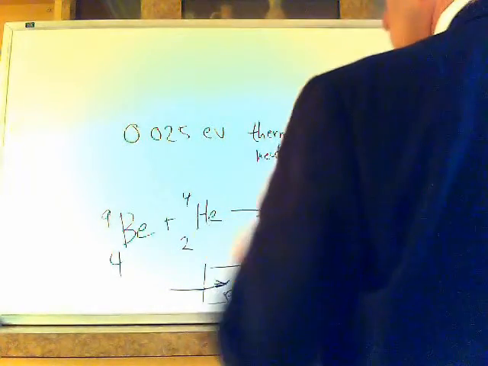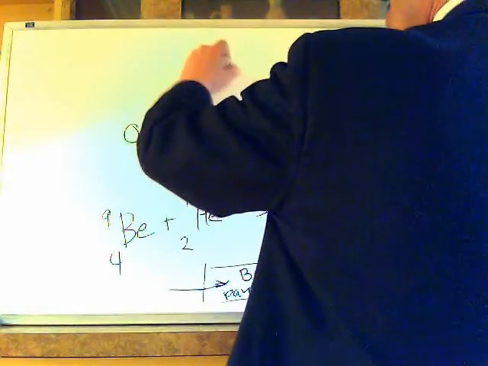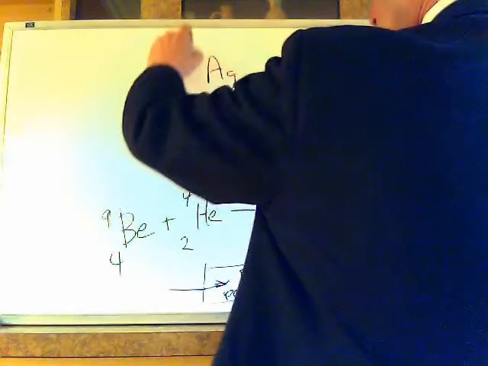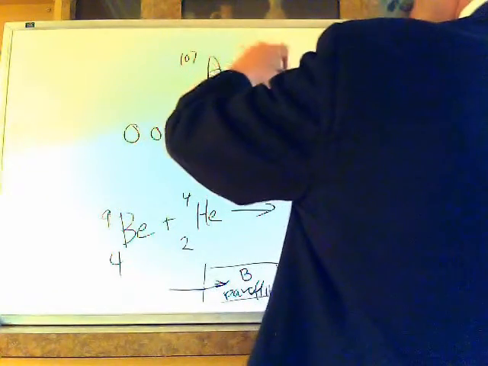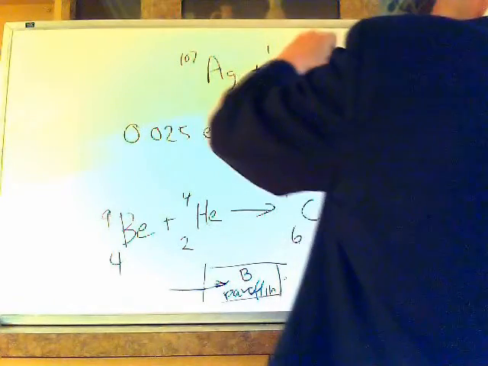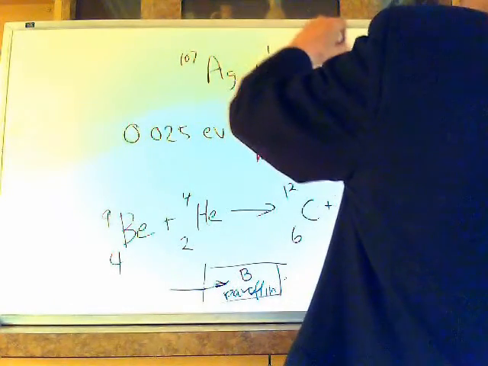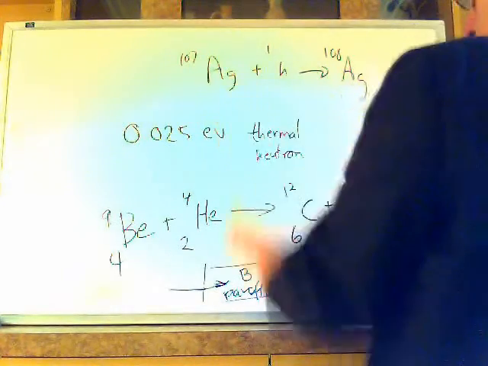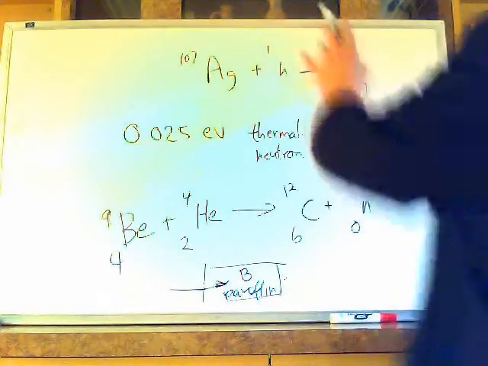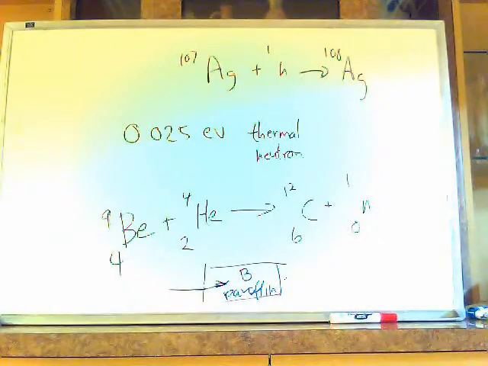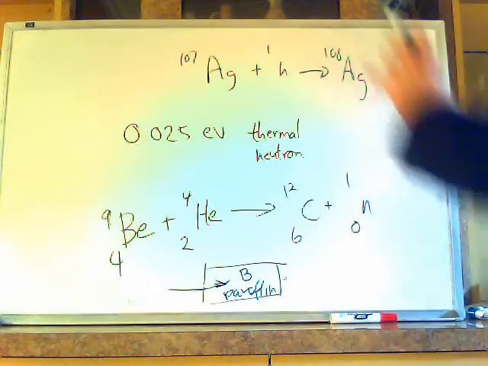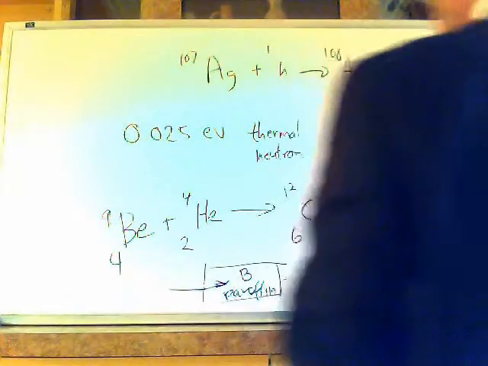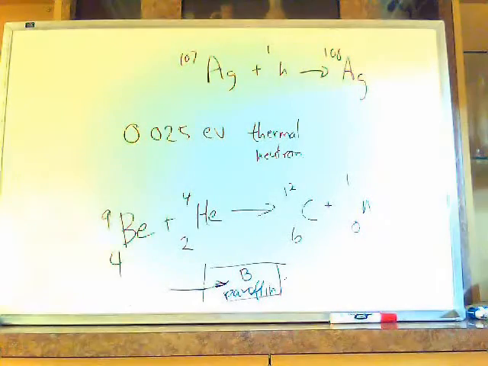Then I can do an experiment where I take silver 107 plus a neutron, and I can make silver 108. So I can start out with a non-radioactive isotope of silver, put it in here, irradiate it with neutrons, and then I get a radioactive radionuclide out of it, silver 108. So that's something that you can do.